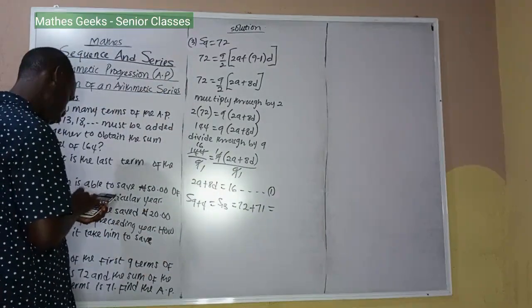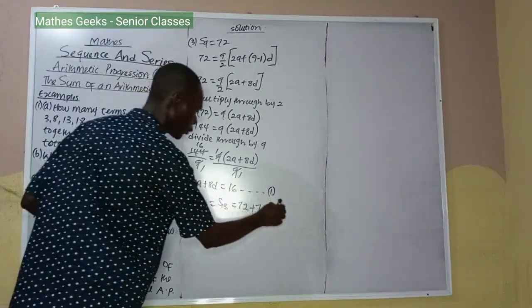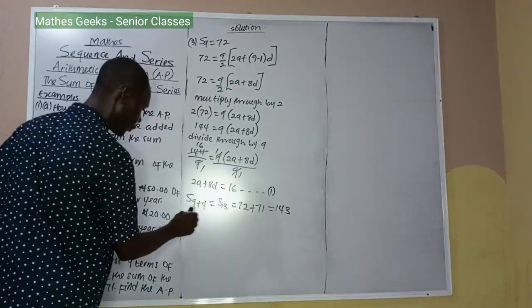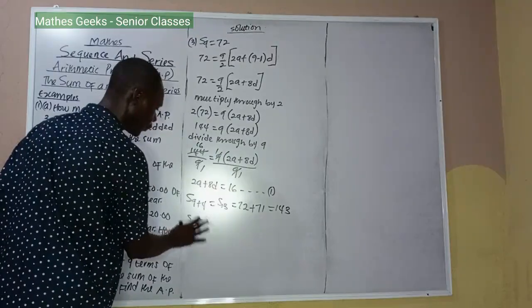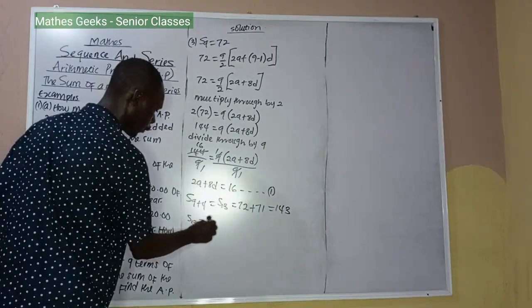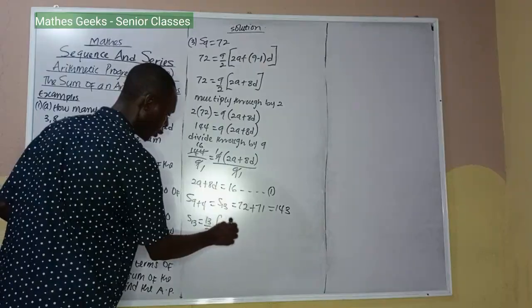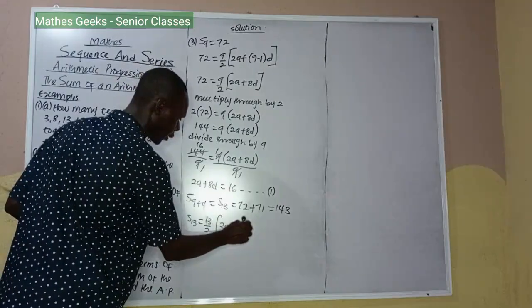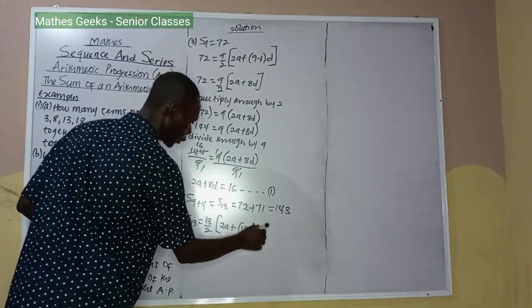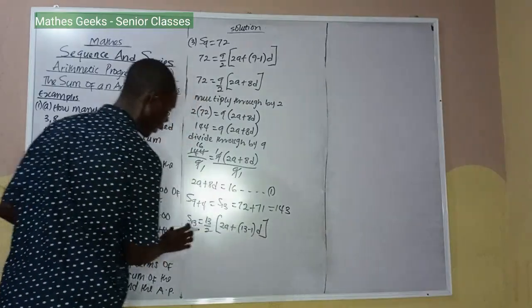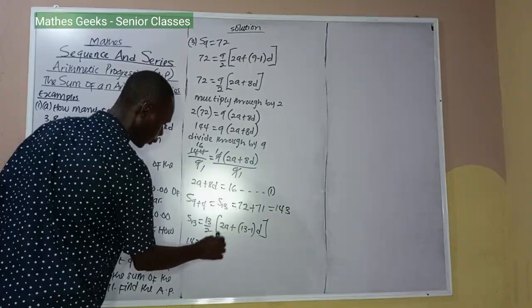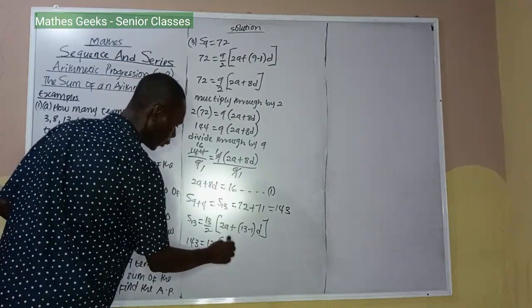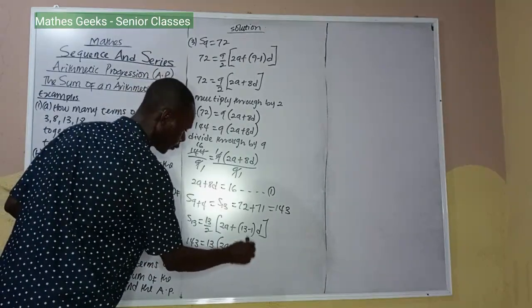72 plus 71, 143. So S13 is equal to n, that is 13 over 2, 2a plus 13 minus 1 d. So S13 is 143. 143 is equal to 13 over 2, 2a plus 12d.